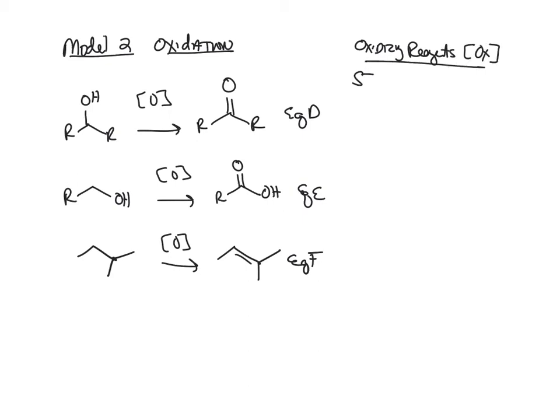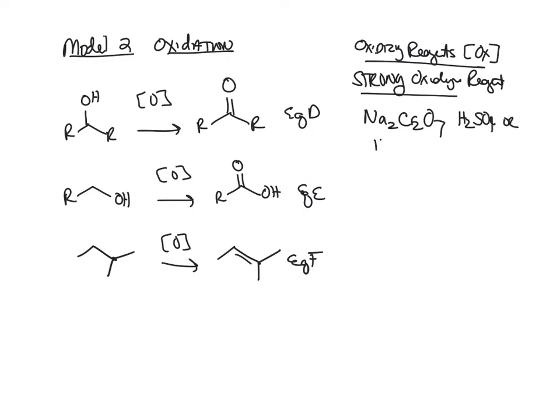we have strong ones, just like we had reducing reagents. And we're going to have to draw these out so you can see. Chromium. And what do all these have in common? Notice the metal has lots of oxygen.